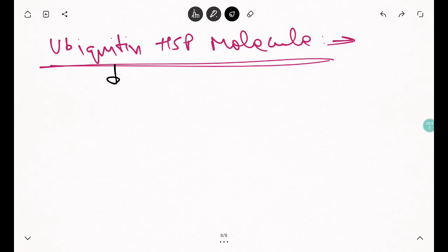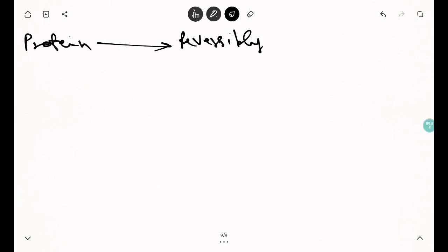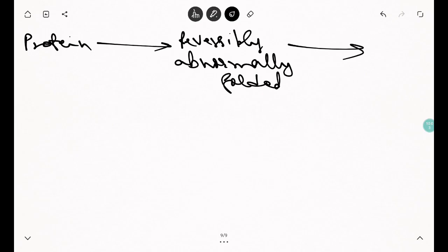Let me write it here, let me make a flowchart. Suppose this is a newly formed protein. It has been reversibly abnormally folded. It will bind with HSPs and be refolded to become a normal protein.